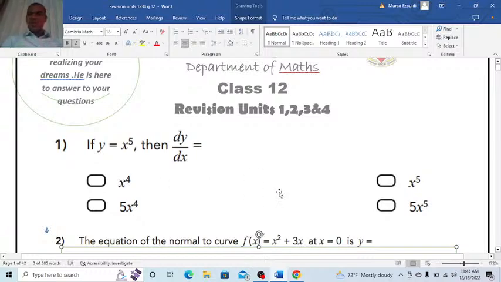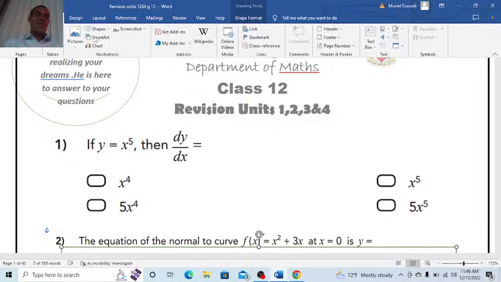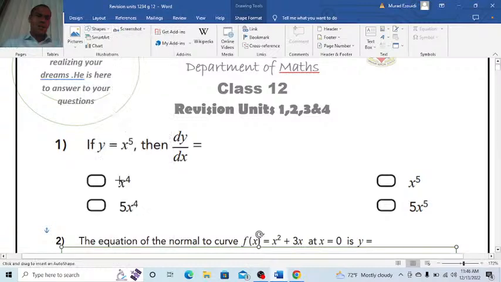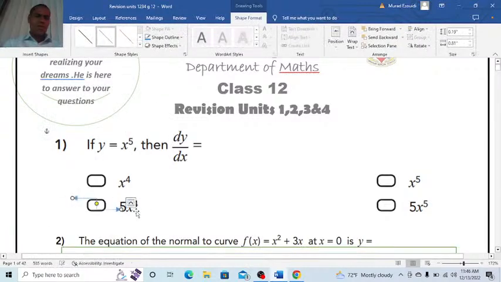Of course not. Is it x to the power 5? No. Is it 5x to the power 5? Of course it will be false, and the correct answer is this one.